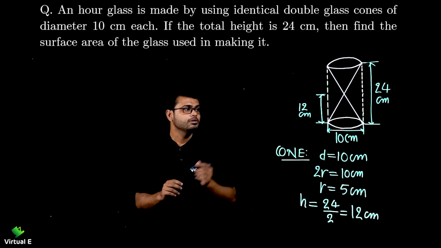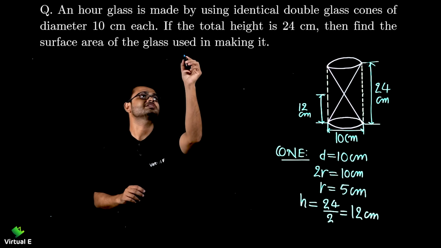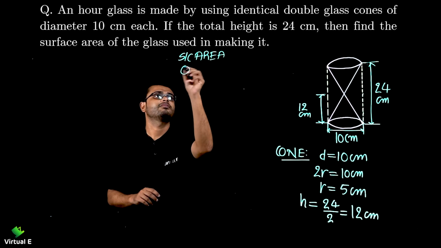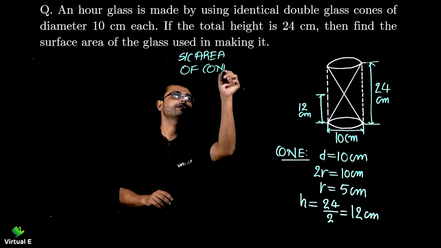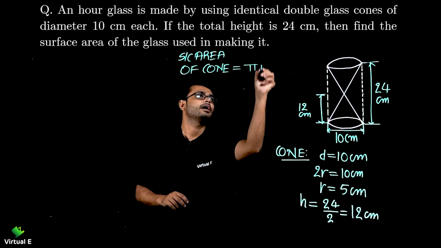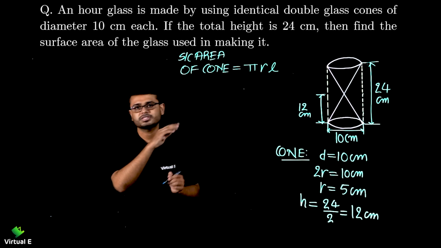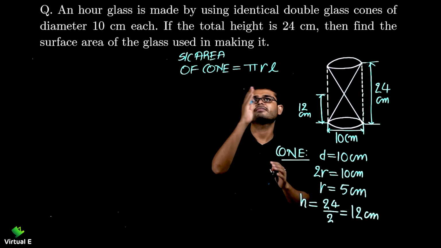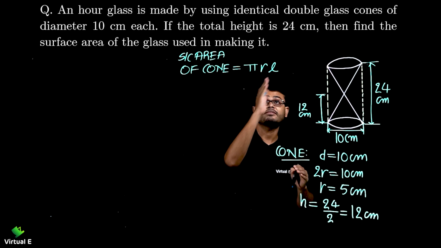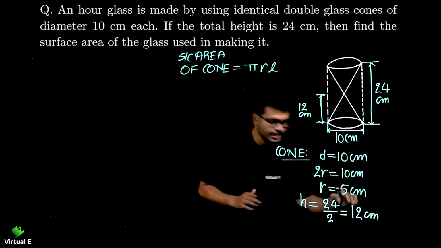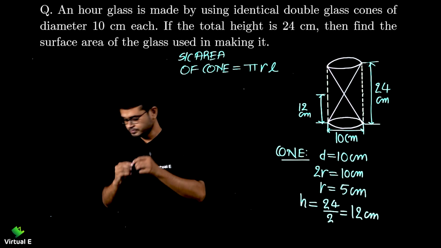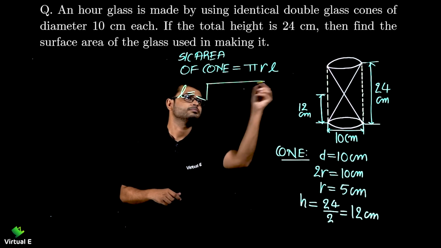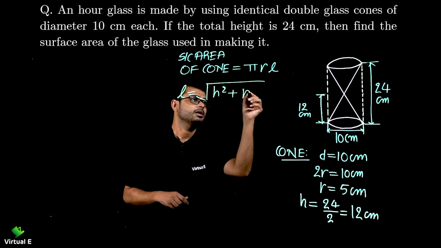Now to find the surface area of the cone, what's the formula? It is pi r l. We did this in a previous sum as well. So we need the value of l. We know how to find l with the help of r and h. The formula for l is l equals square root of h square plus r square.